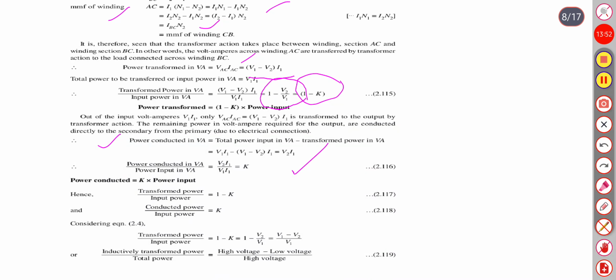So power conducted in VA divided by power input in VA is nothing but the transformation ratio. Power conducted equals K into power input. Hence, transferred power upon input power is equal to 1 minus K, and conducted power upon input power equals K.